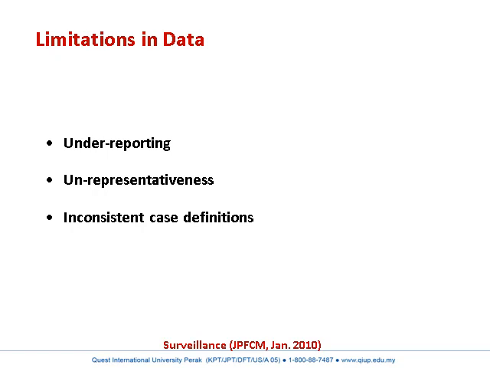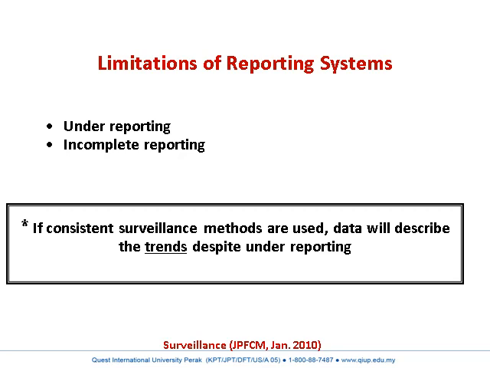Inconsistent case definition: if you change the case definition every week, the number of cases diagnosed may vary. Limitations of reporting system: sometimes some reporting systems have limitations like underreporting or incomplete reporting.